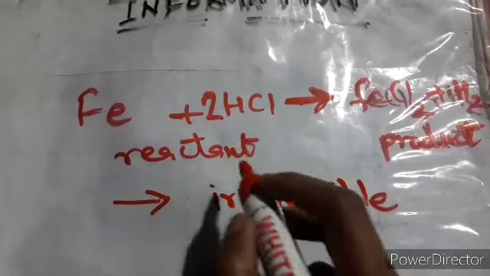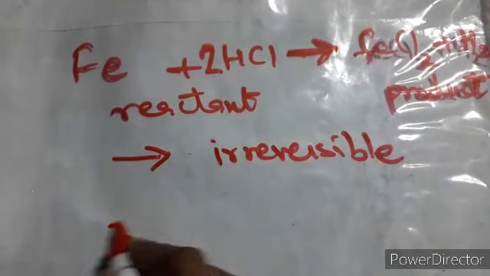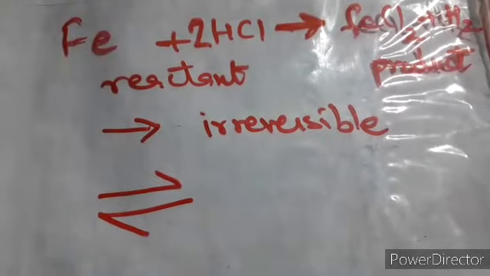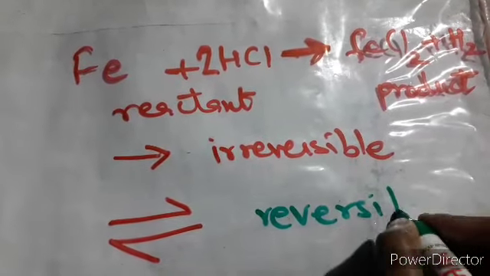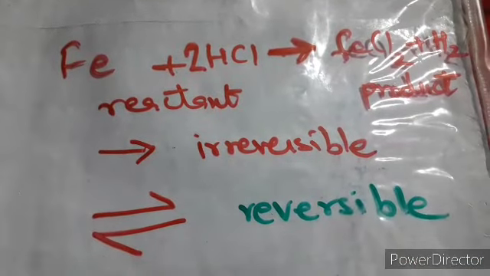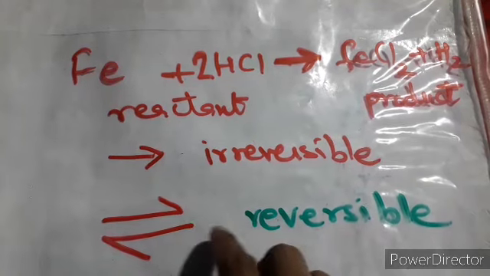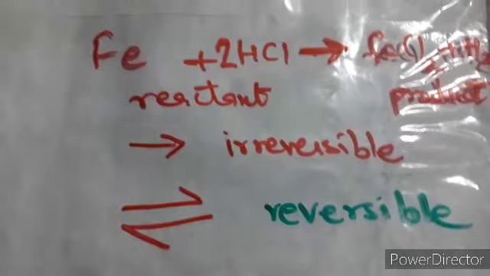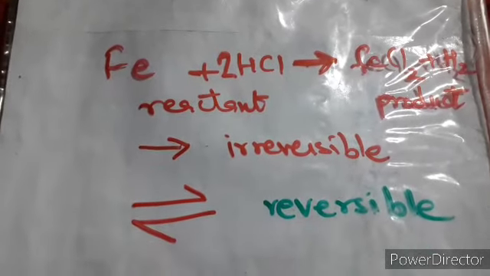Because reactants react together and give you the product. The product does not come back to the reactants. But in some reactions, you see this type of arrow also. This particular arrow indicates a reversible sign, right? So this indicates that the reaction moves from reactant to product, and then again comes back from product to reactant. This way you can see the direction of the reaction by looking at the equation.